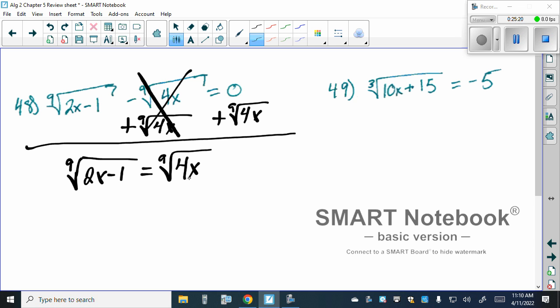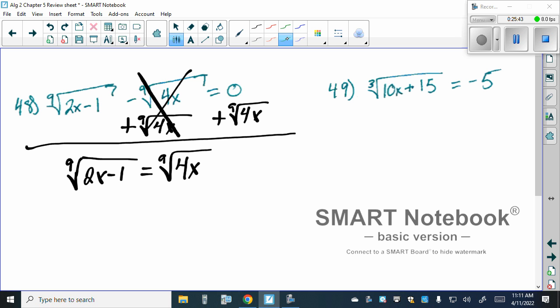I mean, doing it the way I showed you just a second ago is just a faster way to do that, because we know that the 9th root of 4x is going to become positive, and they're both going to be equal to each other, so instead of rewriting it out, I kind of just edit the original equation.